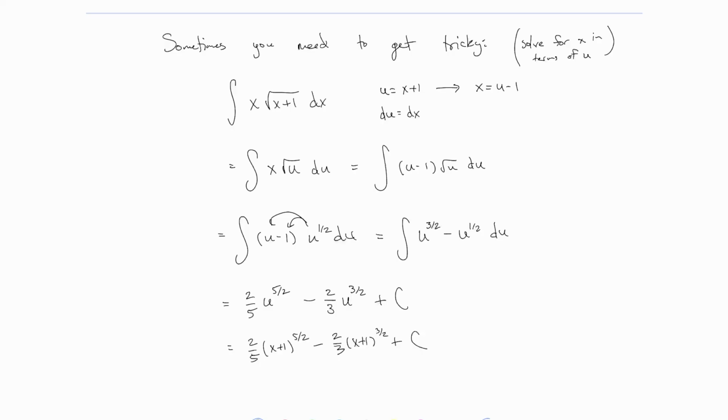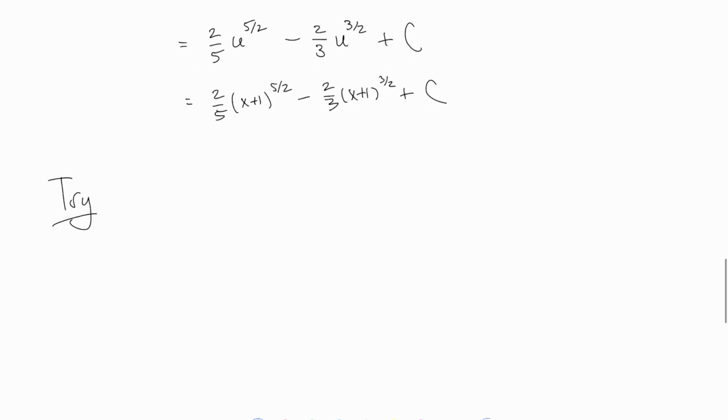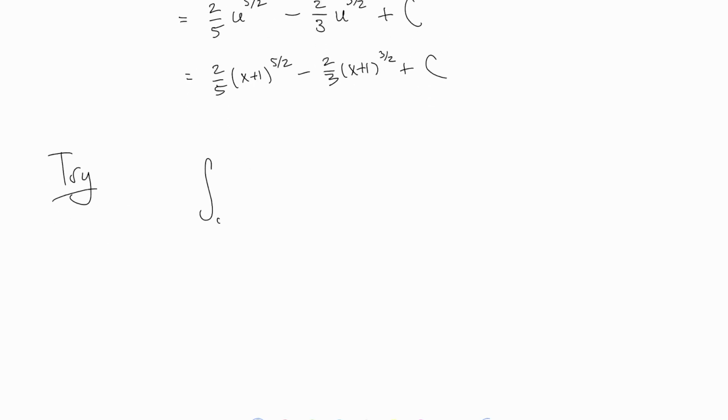All right, I got some for you all to try. Right here. Try these. How about this one here? Integral from 0 to the square root of pi of x sine of x squared dx.